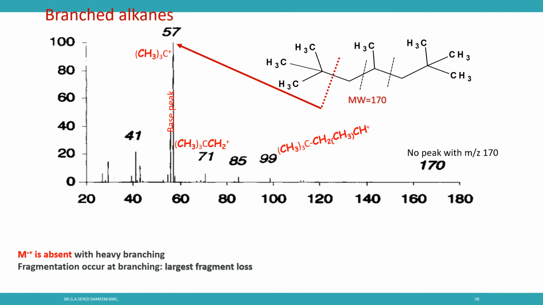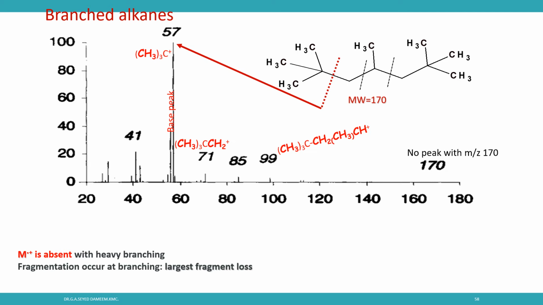This slide shows the mass spectrum of a branched alkane with the structure given, with molecular weight 170. As the compound is branched, no peak is obtained at m/z 170, the molecular weight of the compound.